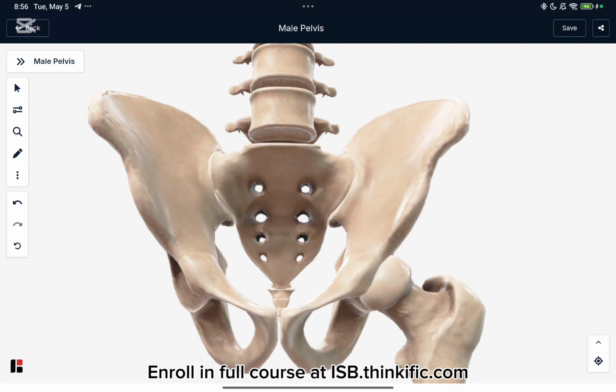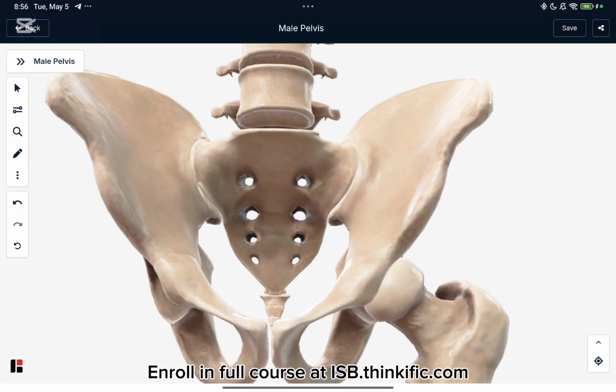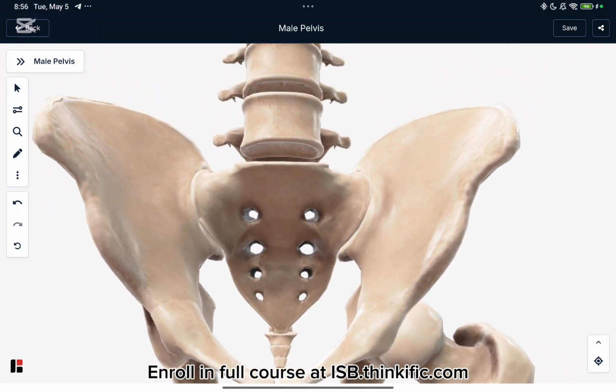Now these joints are huge, very massive joints. They commonly become ossified with age. These are also a very common site for involvement in ankylosing spondylitis, right? Sacroiliitis is a common manifestation of ankylosing spondylitis.